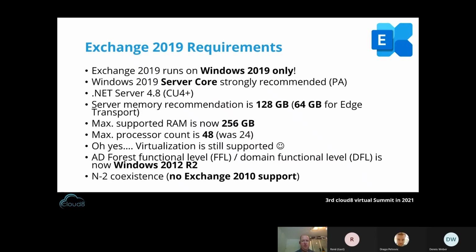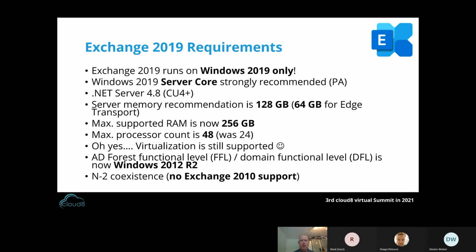That's the recommendation. Yeah, it requires .NET Framework 4.8, as well as, and that's the biggest thing, it has tremendous memory requirements. Basically each server must have at least 128 gigabyte. For Edge, it's 64 gigabyte, which is of course a lot if you consider that you want to implement a DAG, and for DAG you require at least 3 servers.